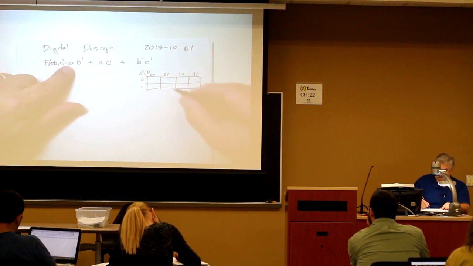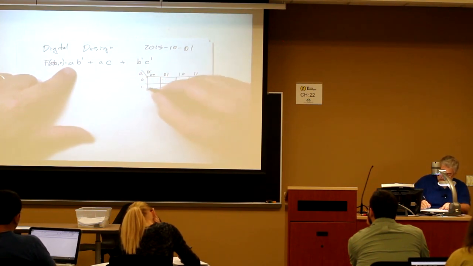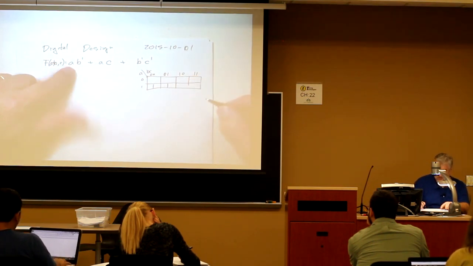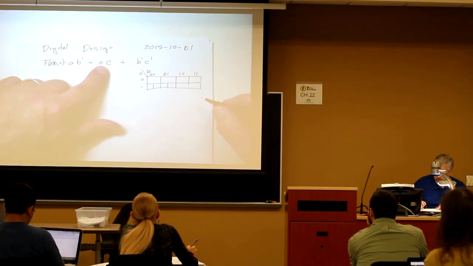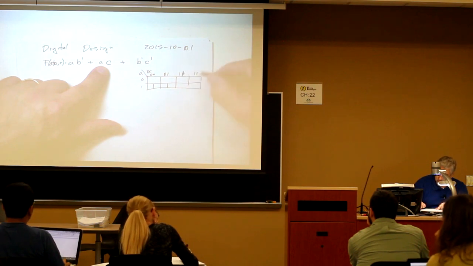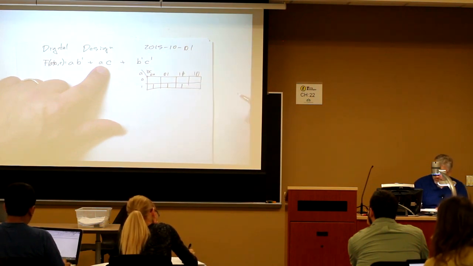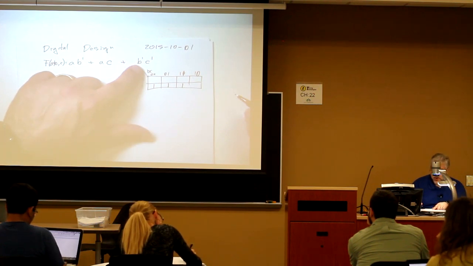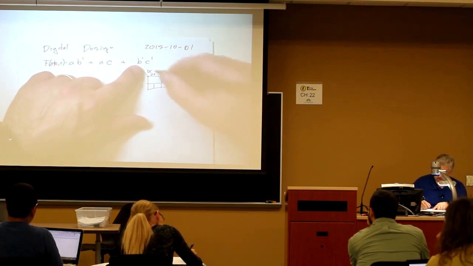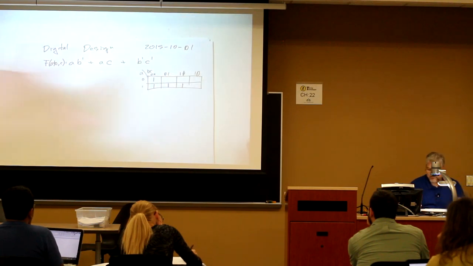When A is 1 and B is 0, this is A1, B0, right there. Okay? When A is 1 and C is 1, that's here, and here. And when B is 0 and C is 0, that's right there.